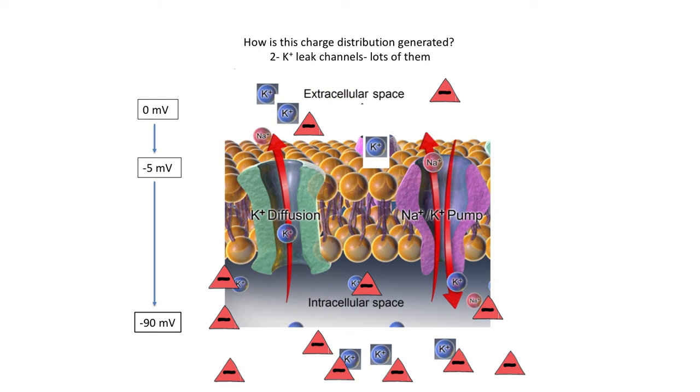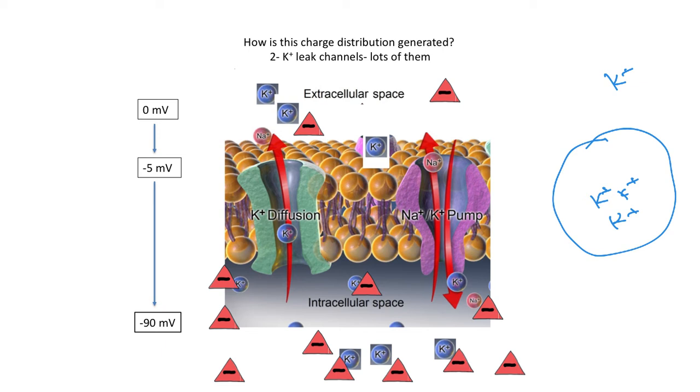Now this negative charge stops at around this number, and there is a reason for that. Initially, if you remember, we said that the cell has lots of potassium inside and a few potassium outside.